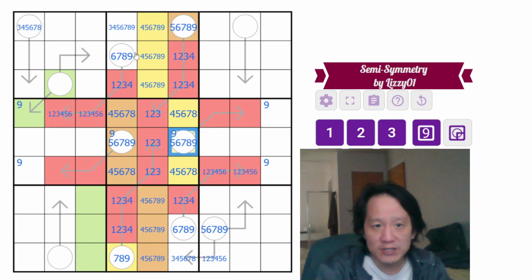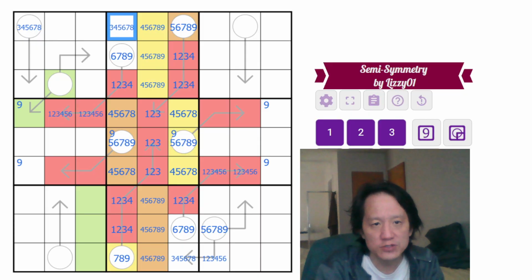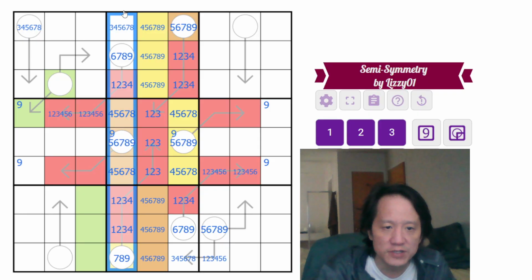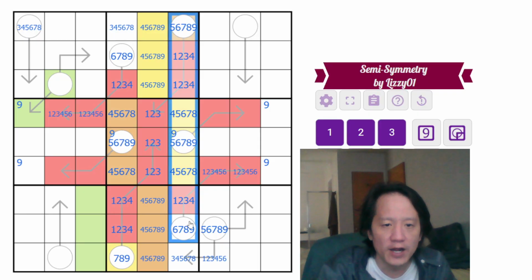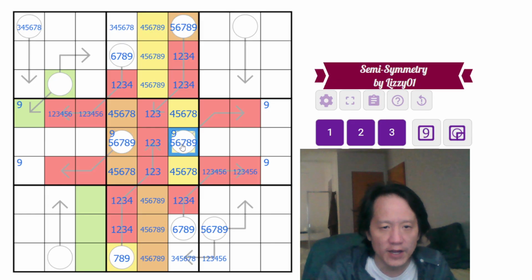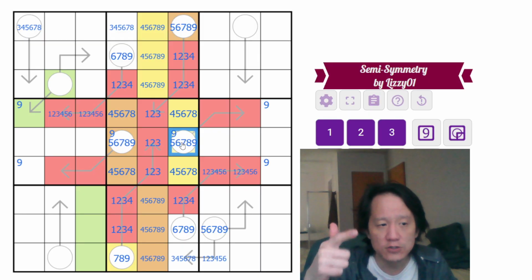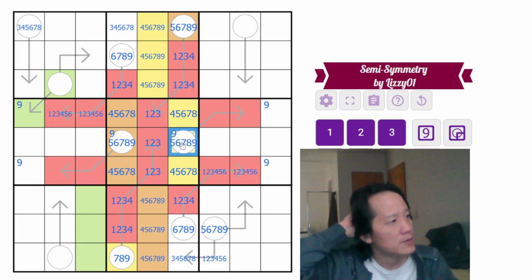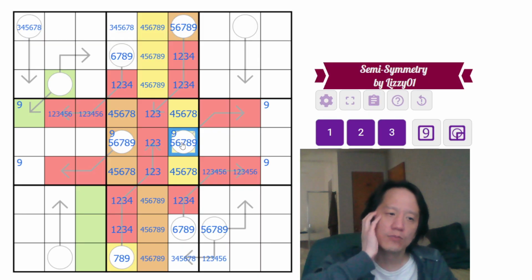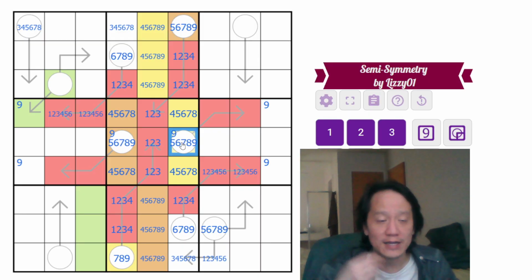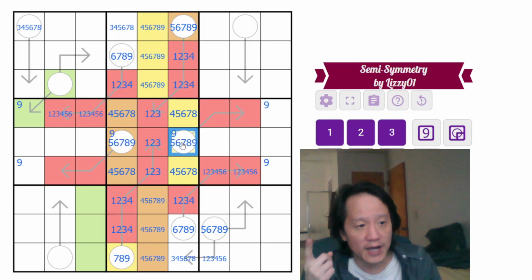The 9 has to be doubled in both columns, column 4 and column 6, because otherwise it's not going to work, right? If you don't have a 9 in here, that means 2 out of 6, 7, or 8 has to be doubled, which doesn't work. So it has to be 7 and 8 that are doubled if the 9 is not doubled.